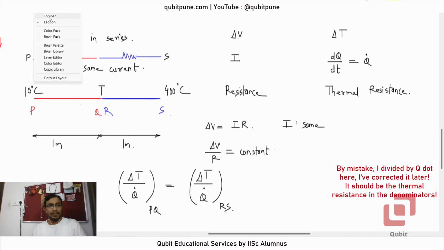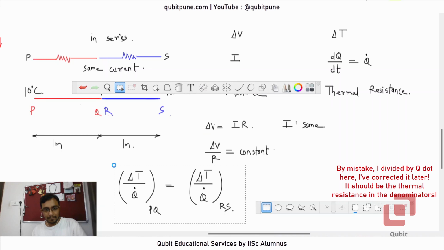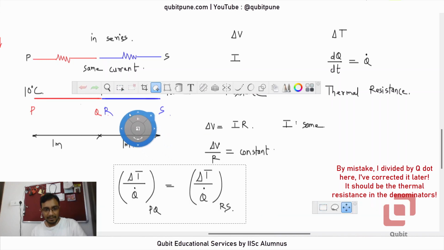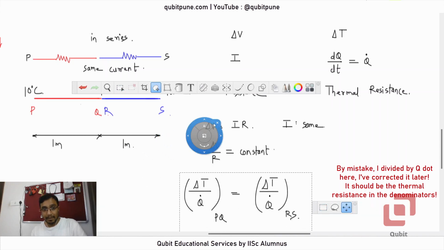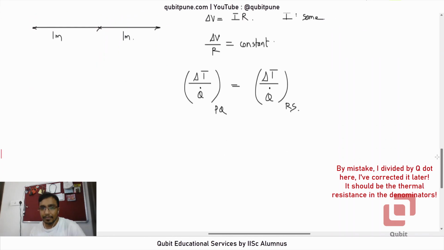Have you followed this step? If you haven't, please ask me. Now, is there any formula that you know which relates the rate of heat flow with the temperature gradient? Fourier's law.